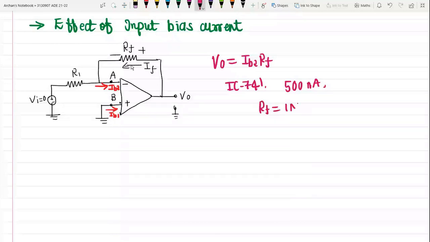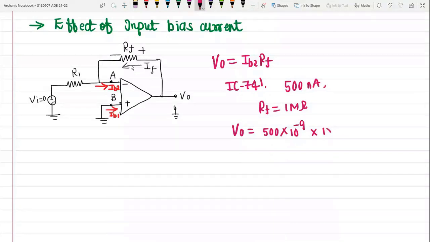Output voltage V0 will be equal to 500 nanoampere, 10 raised to minus 9, into 1 mega ohm, 1 into 10 raised to 6. Upon solving this we will get 500 millivolt.